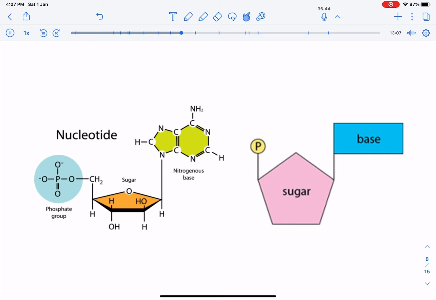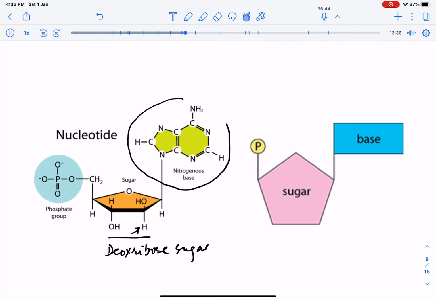So let's see how they join together to make a nucleotide. You see, this is for instance a deoxyribose sugar, as it has one oxygen less here at carbon number 2. A nitrogen base is attached at carbon number 1 here, and this phosphate group is attached with carbon number 5 here.